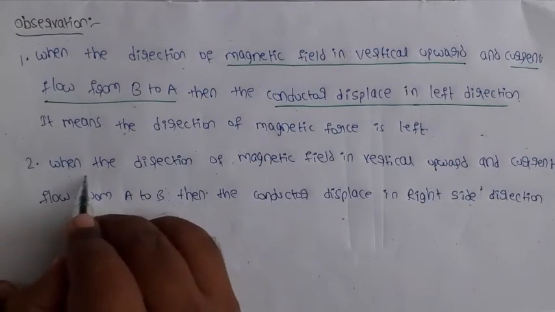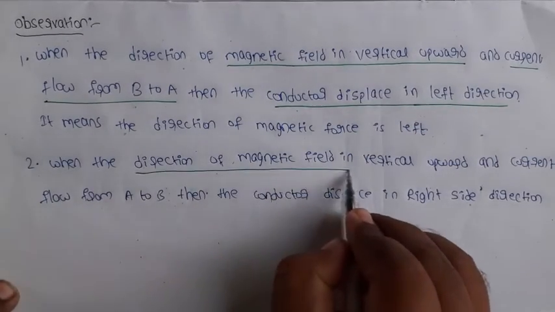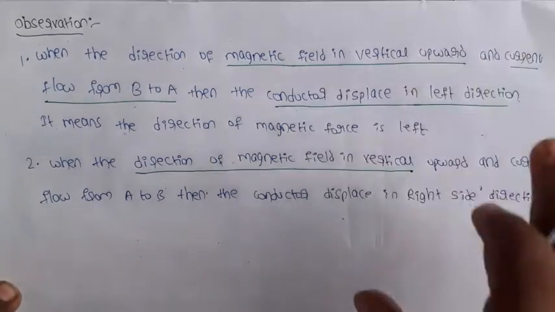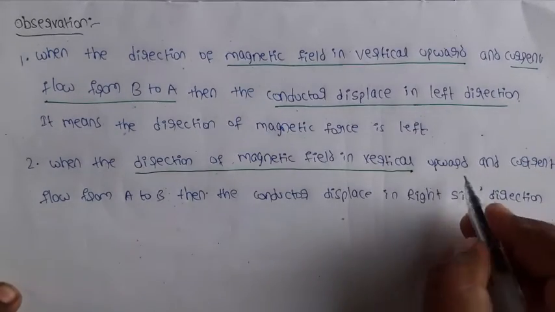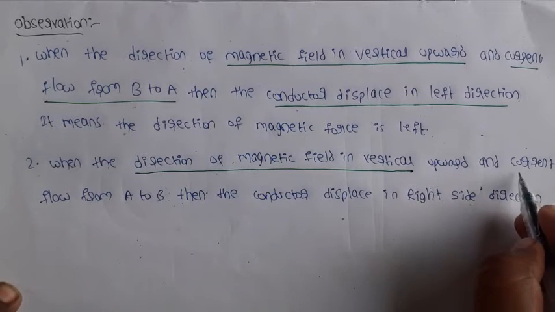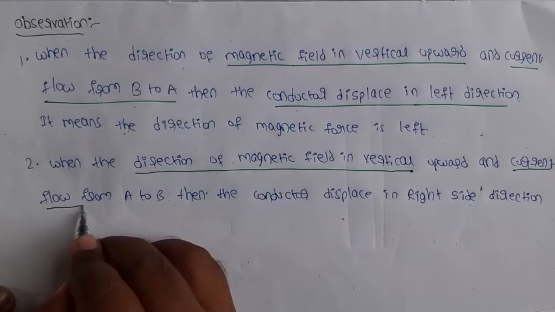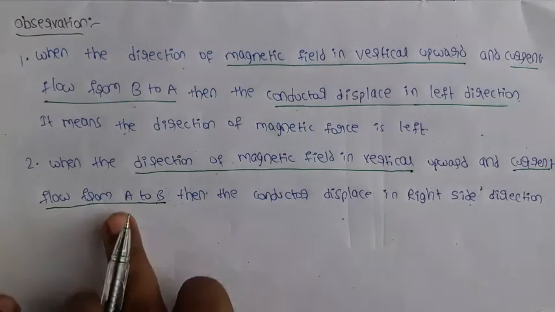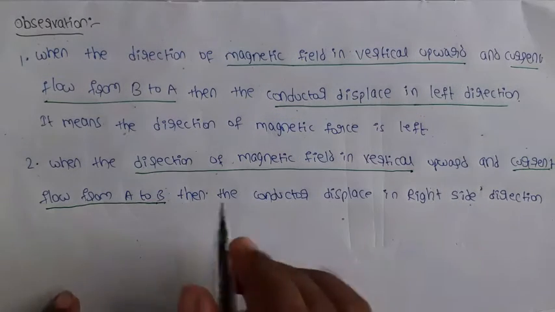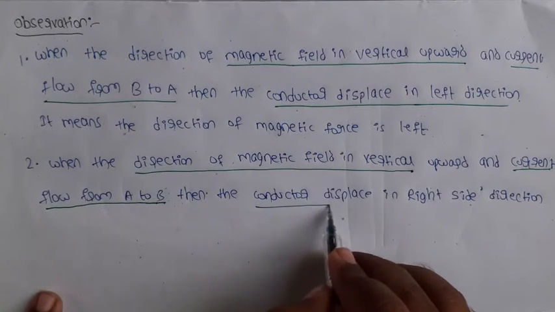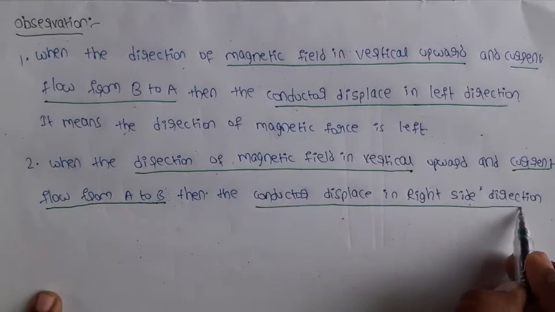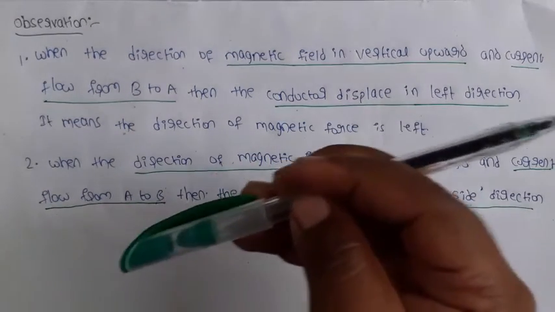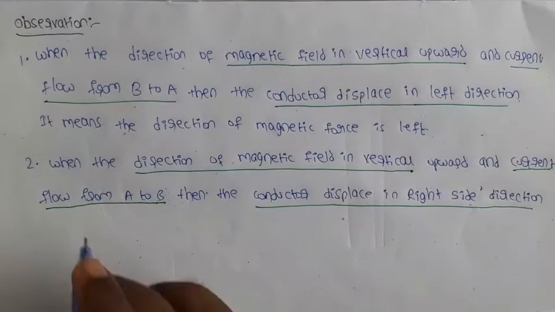So here, the direction of the magnetic field is vertically upward in both cases, but the current direction is reversed to A to B. Then the conductor is displaced towards the right direction.